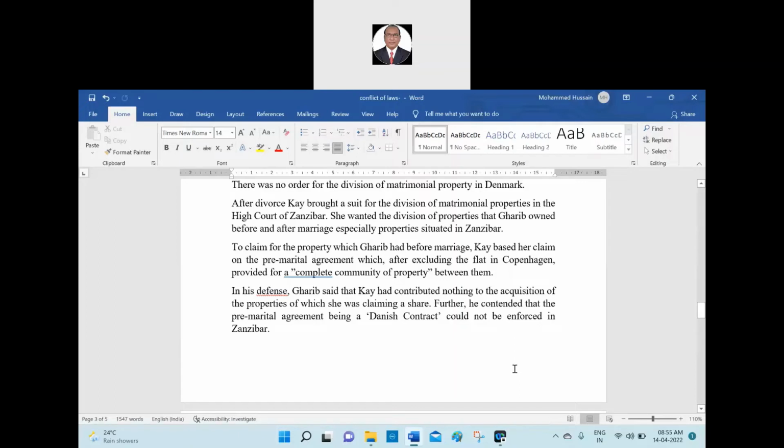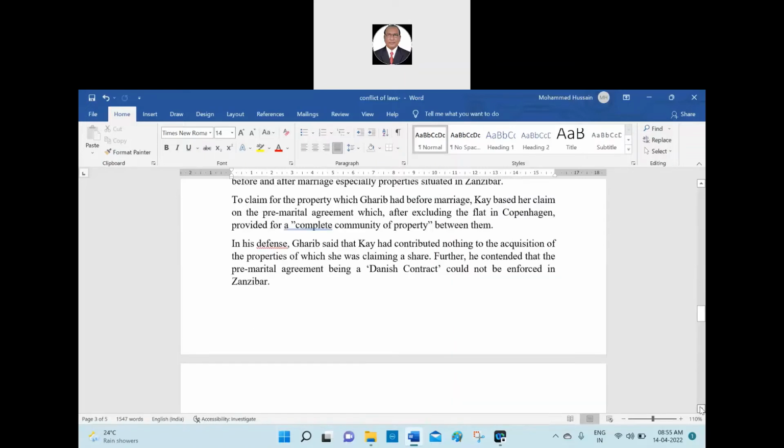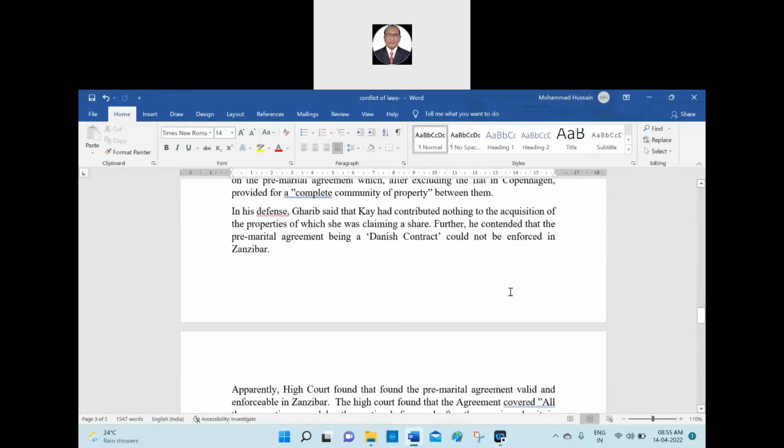To claim the property which Gharib had before marriage, K. Mlinga based her claim on the premarital agreement which, after excluding the flat in Copenhagen, provided for a complete community of property between them. So that was the contention of K. Mlinga.